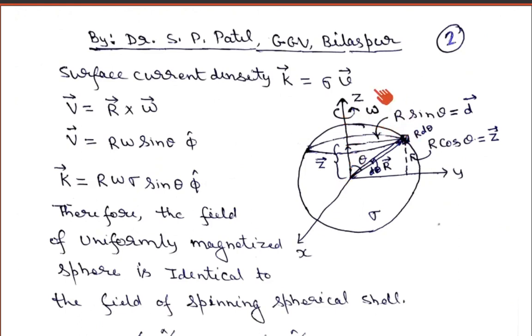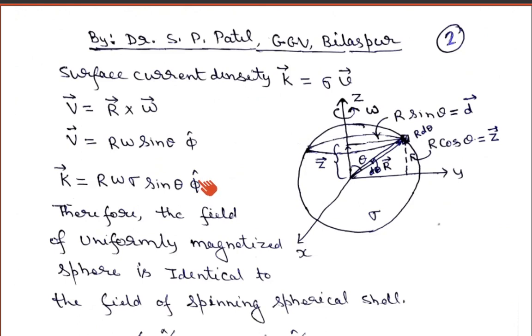So the velocity, which is along the phi direction, can be written as r cross omega unit vector. So V vector is equal to r omega sin theta phi unit vector. Now if we substitute this value of velocity in the surface current density, K vector will be equal to r omega sigma sin theta phi unit vector, okay.